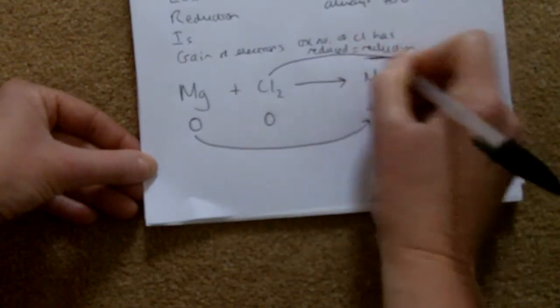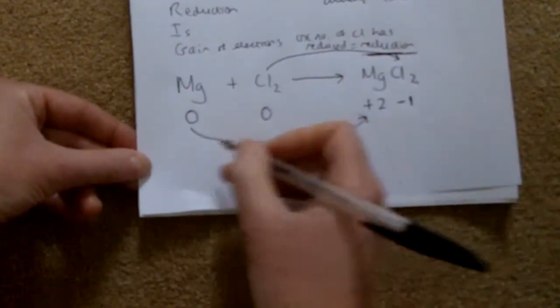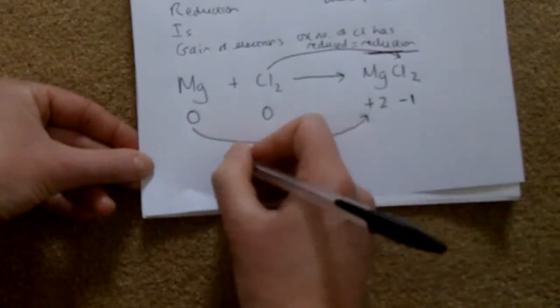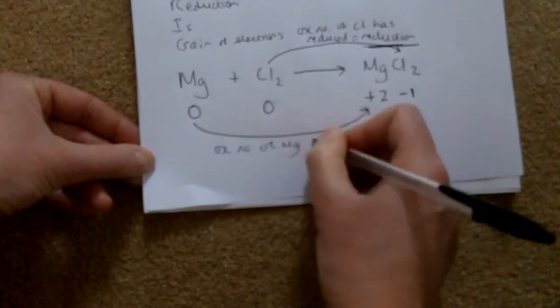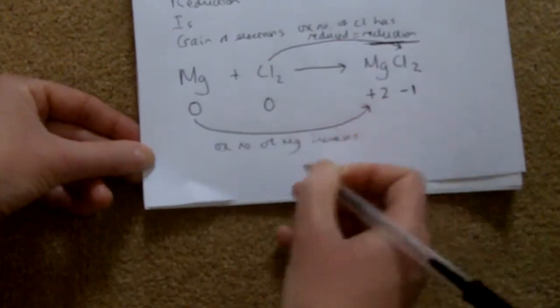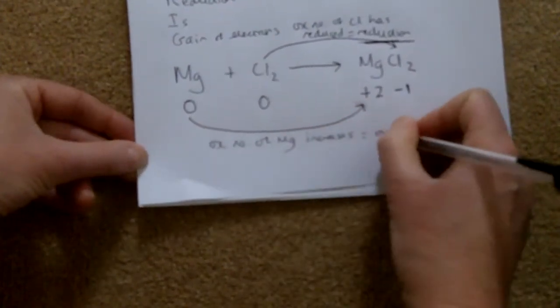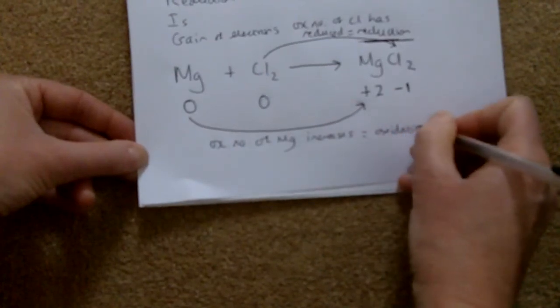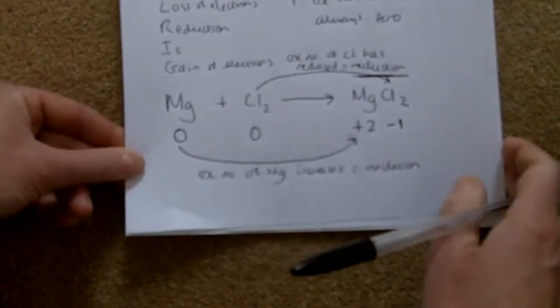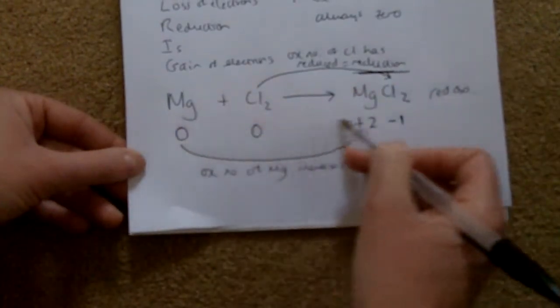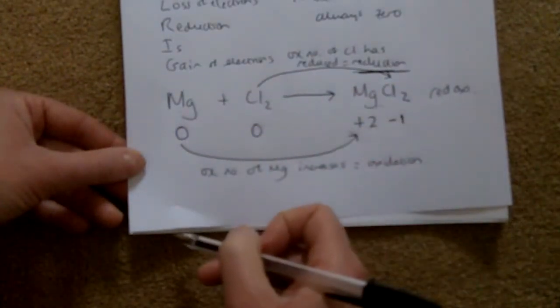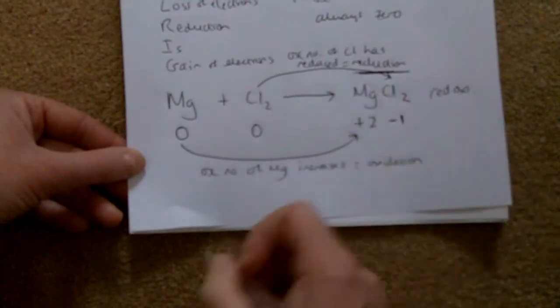When the oxidation number reduces, that is reduction. When the oxidation number increases, the oxidation number of magnesium increases, then that is oxidation. So I can see that this reaction is a redox reaction. I can see that the magnesium has been oxidized and the Cl has been reduced.